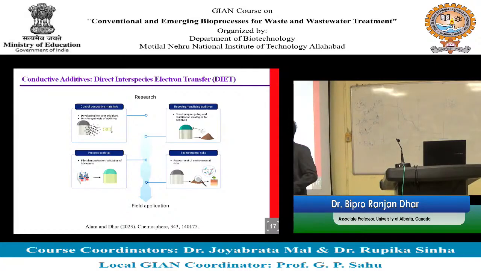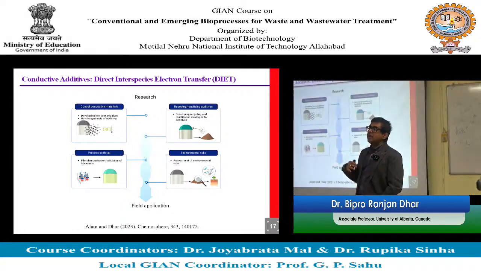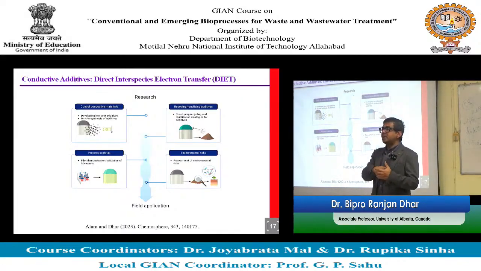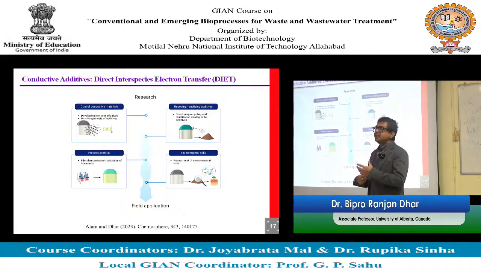The good thing is that it has been shown that adding conductive material can sometimes help remove the negative impact of some emerging contaminants. For example, in one study I was showing, when we have nanoplastic and we add granular activated carbon, we have less reactive oxygen species generation, and that can also improve biogas production.